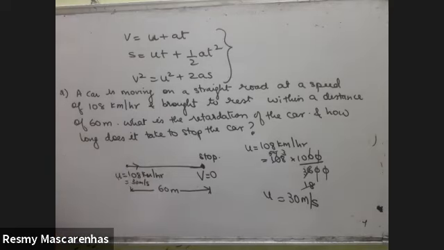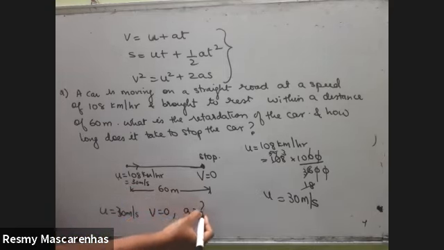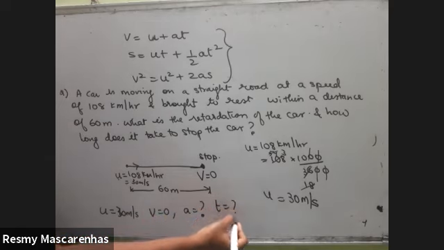Now what all do I have to calculate? U I know, 30 meters per second. V I know is 0. A I have to find out. T also I have to find out. S is given to me as 60 meters.